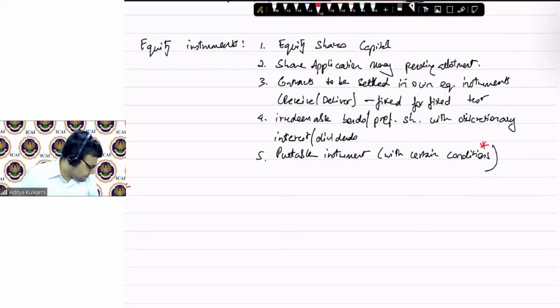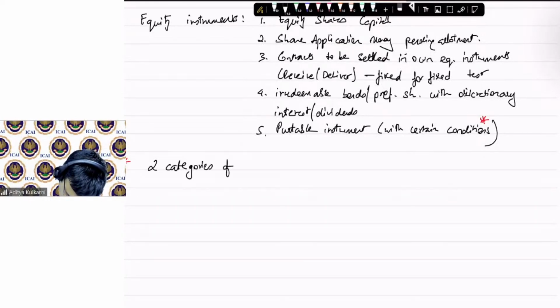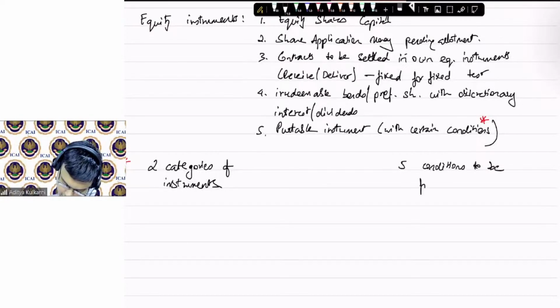So basically there are two categories of instruments and 5 conditions to be fulfilled.